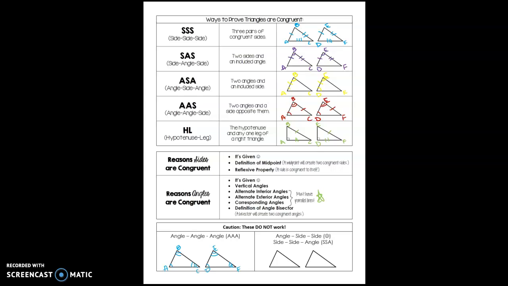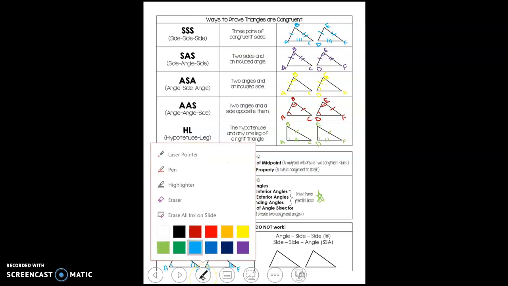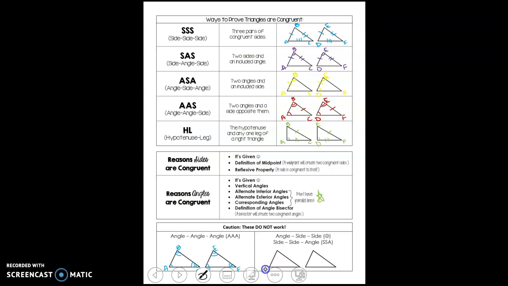And then we also have angle, side, side, or side, side, angle. So if we were given triangle, here, let me change my color really quick. I'm going to do this darker yellow. So if we're given triangle ABC and DEF, and we want to show angle, side, side, then we can have angle A is congruent to angle D, and AB is congruent to DE, and BC is congruent to DF.